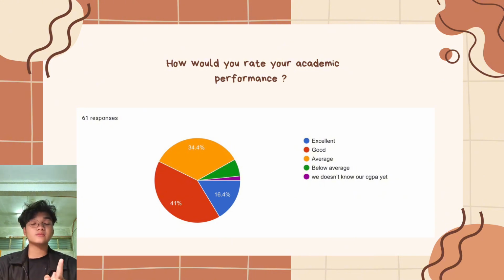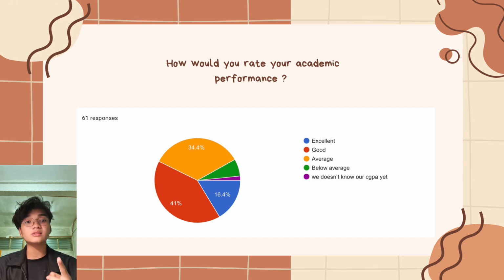I think they can manage their time wisely. We can also see that 34.4% selected their academic performance as average. So I think some of them might be able to play games at the same time without it affecting their study too much. But some of them may be affected.